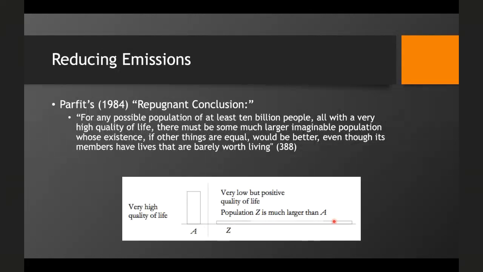If we maintain the assumption that existence is preferable to non-existence, are we committed to what he calls the repugnant conclusion, that this world, Z, where we have billions and billions of people all living lives of abject misery, is actually a better world than A?